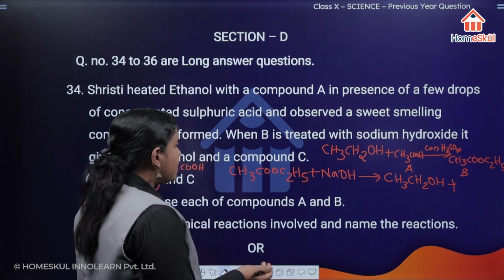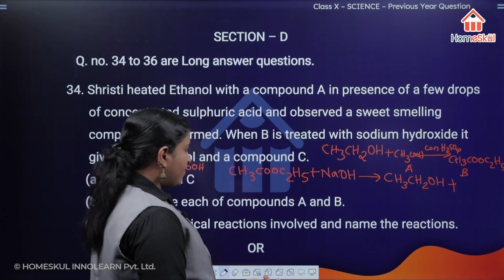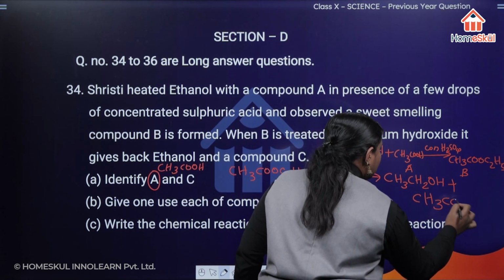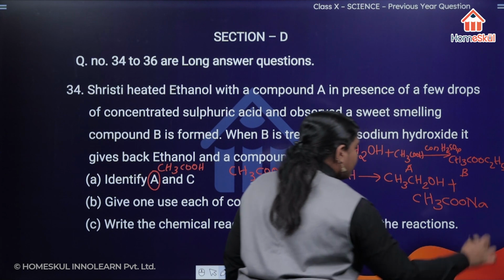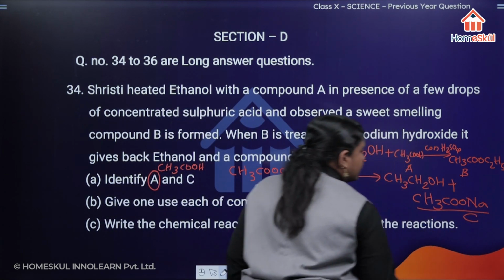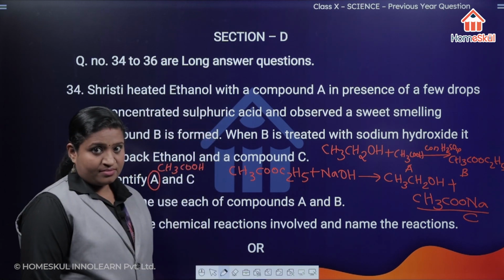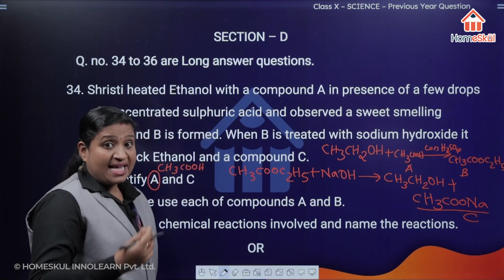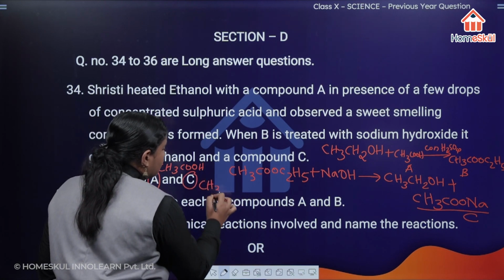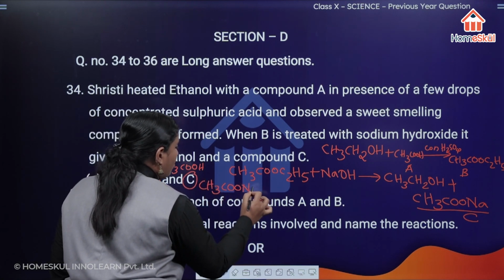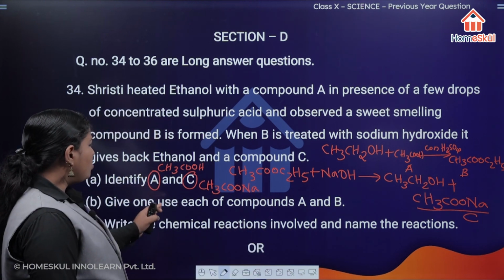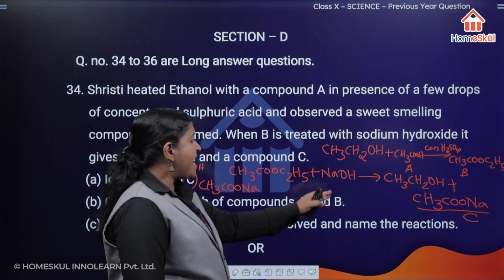Then what is left? CH3COONa, right? So, that is C. What is C? CH3COONa, sodium acetate.